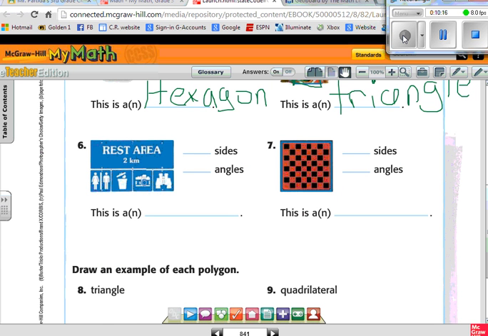And number 6. Four. So see, that's this side, this side, this side, and this side. So that's four. Okay, and four angles. Now, what is this particular one called? You could write quadrilateral.